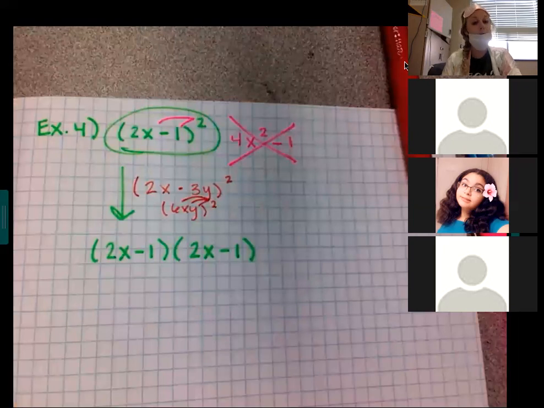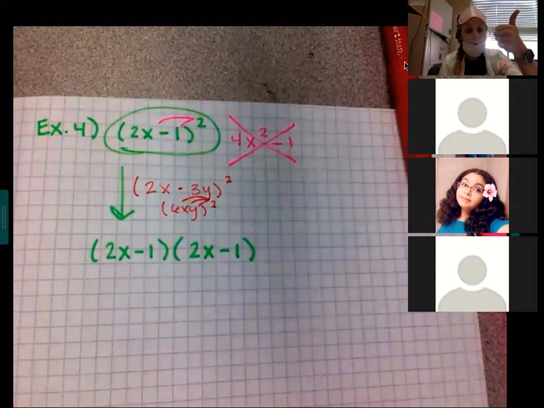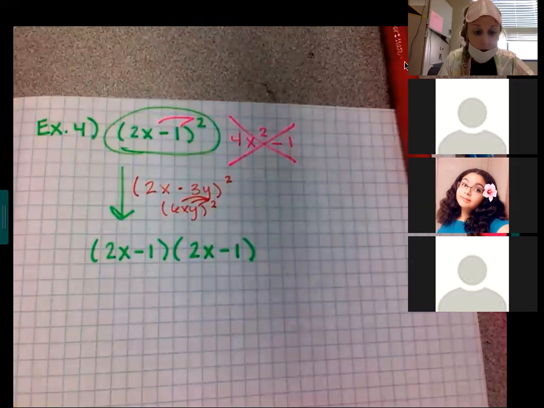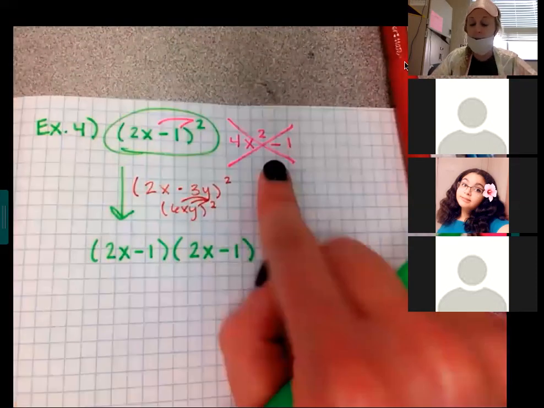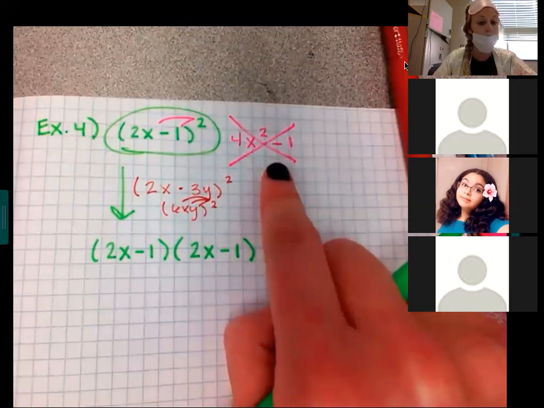Oh my gosh. Now what can we do? Okay, what are your options? You can foil or you can box. People at home, are you okay with that? Every year, half my class gets this wrong. No partial credit, no nothing. That's wrong.